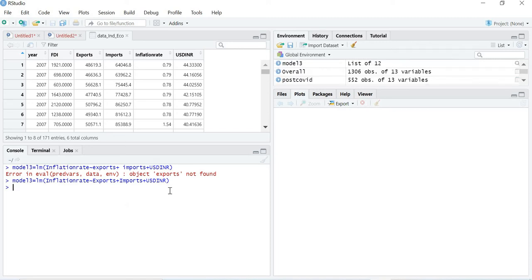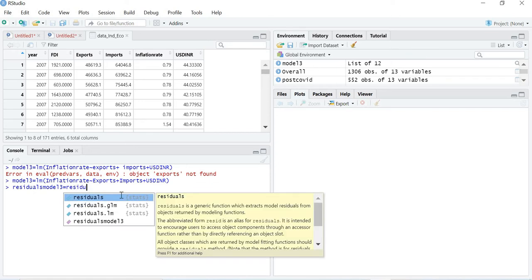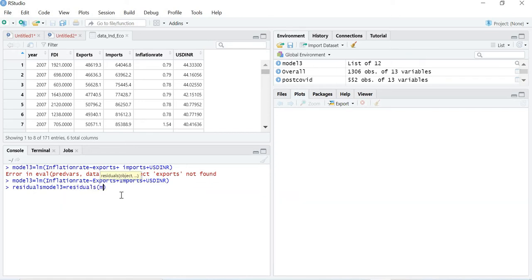So your model is created, and I have also stored the residuals in the vector residuals. Model 3 dollar residuals, and the name of the model.